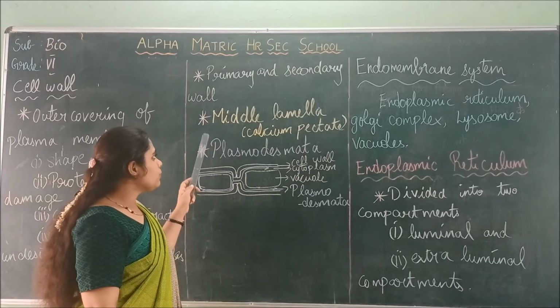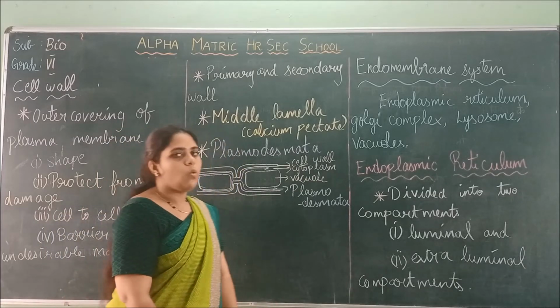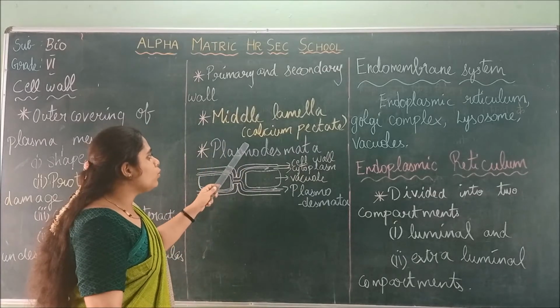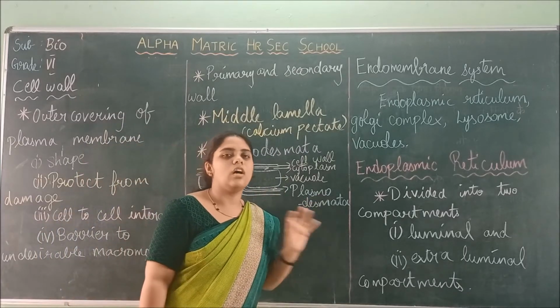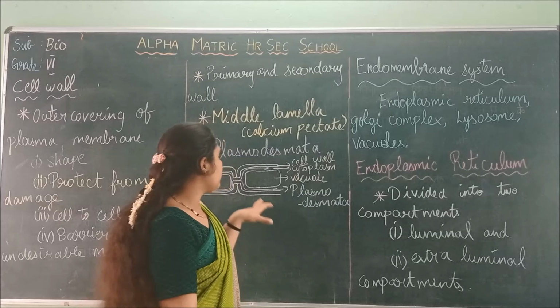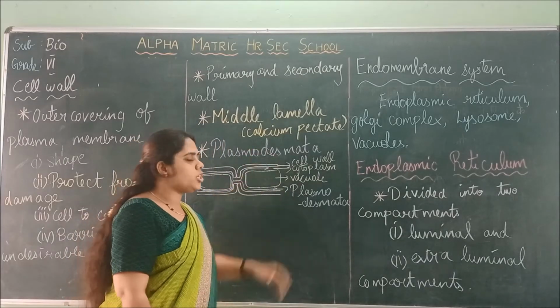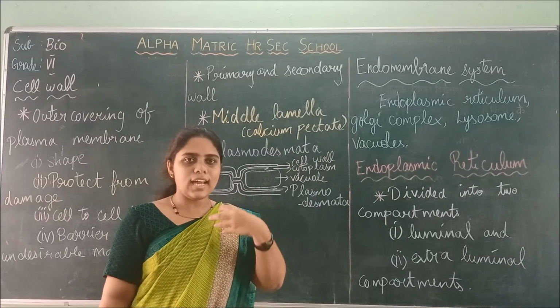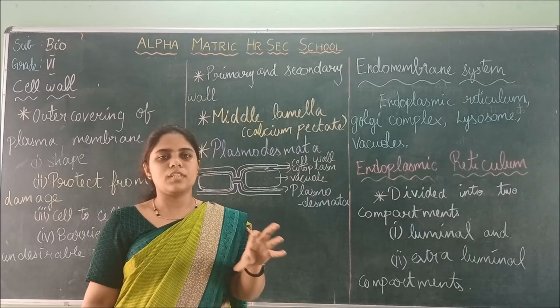And after that, the middle lamella will be present. The middle lamella consists of calcium pectate. This is a component that is present in the middle lamella. This calcium pectate will act as a glue to attach all the components of the cell.